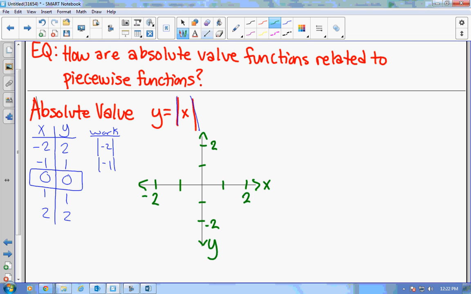What shape should it take? It should be a V. So once you get those 5 points, make sure you connect them with a sharp corner at the vertex, like a V. And the graph continues forever, so we need arrows.